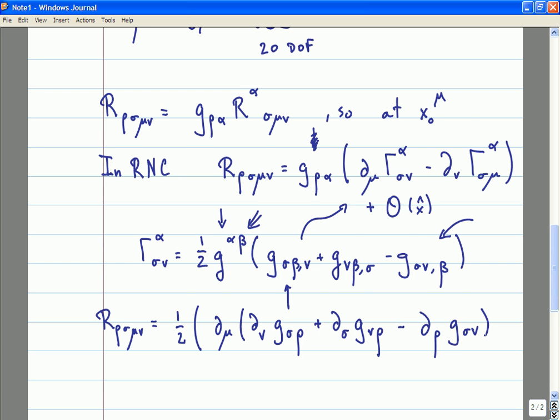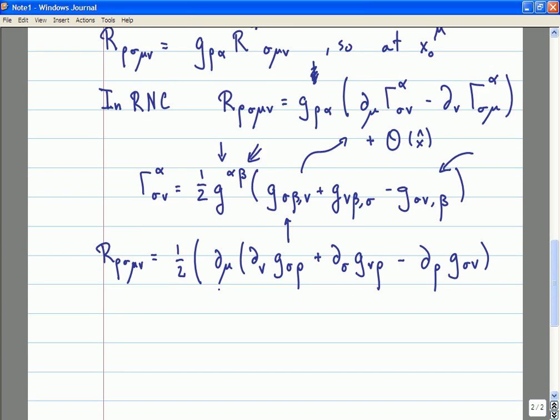And then we subtract off the exact same thing with mu and nu switched: d nu of d mu g sigma rho, plus d sigma g mu rho, minus d rho g sigma mu.